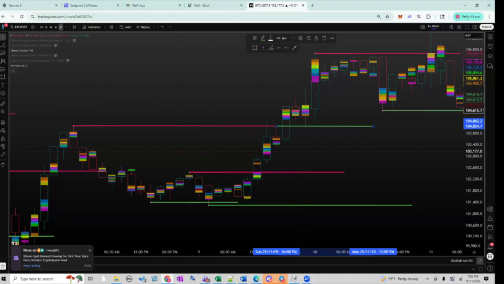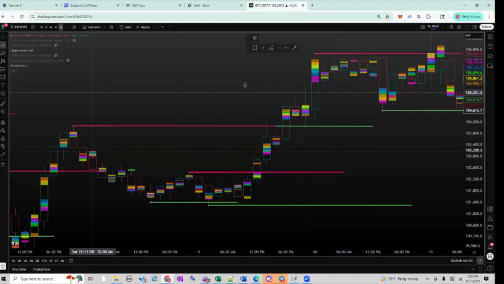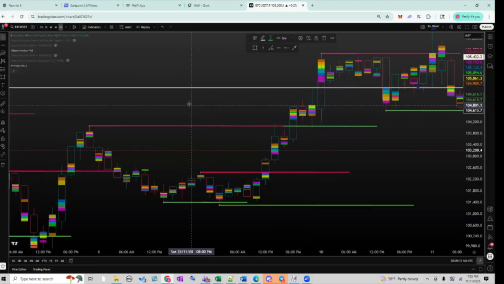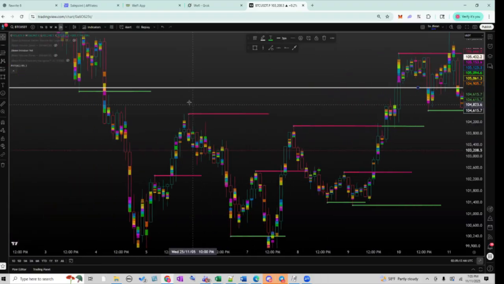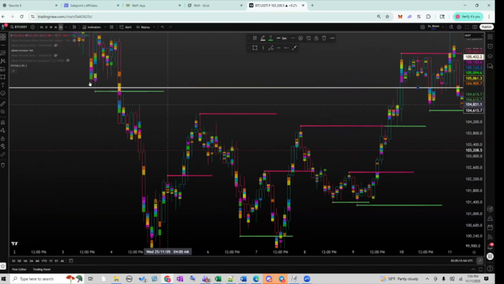Okay, yeah. This was the area that was support. It got broken, and we came almost back to that same area. And the market is trying to understand over here, how does the price action over here relate to here?